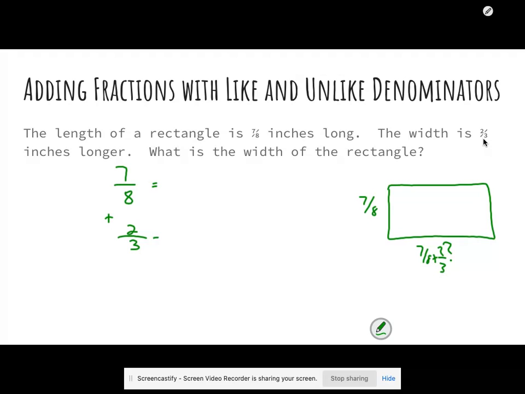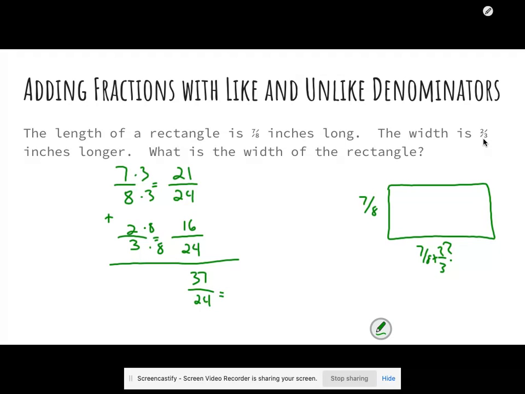And I need to then make my equivalent fraction or find a common denominator. I know 24 is going to be that common denominator. Multiply by 3 on top. So I'm going to get 21, and multiply by 8. So I am going to end up with 16. Adding these together, 21 plus 16 is 37 over 24.